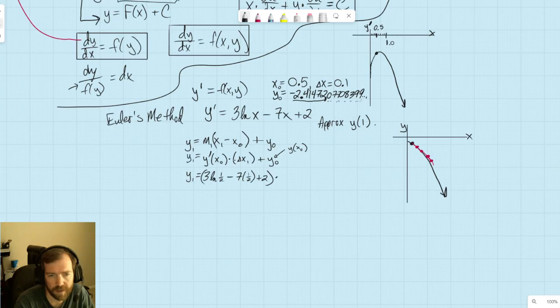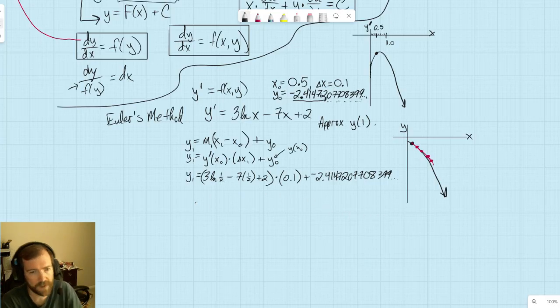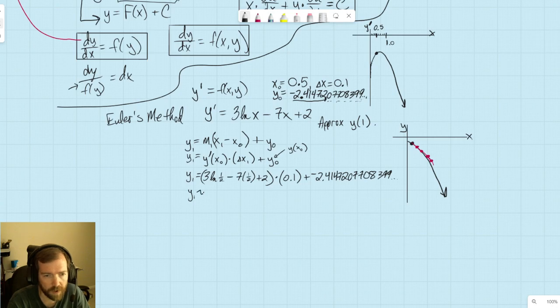Multiplied by delta x is just going to be 0.1 plus y at x0, which is this number, negative 2.4147207708399. So y1 is going to be very approximately this nasty thing.